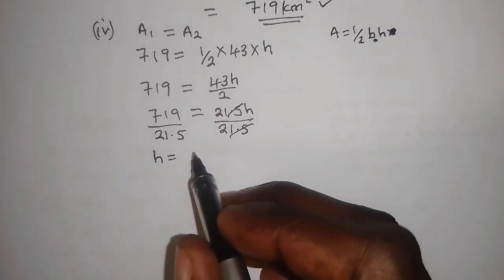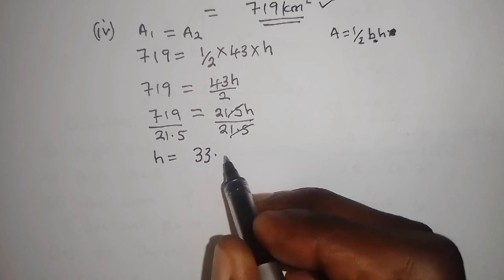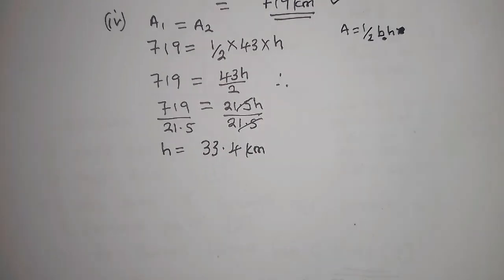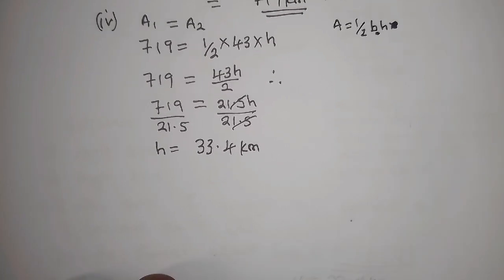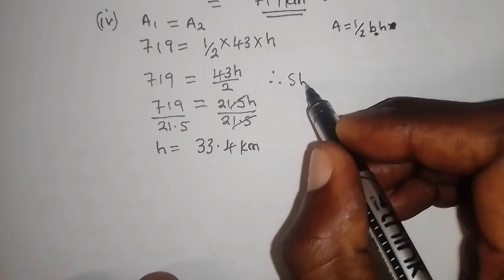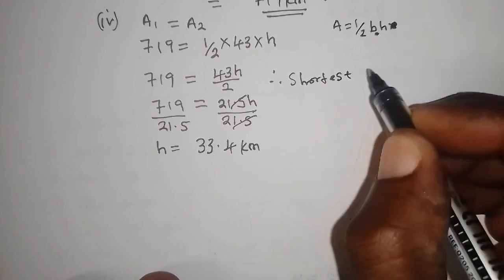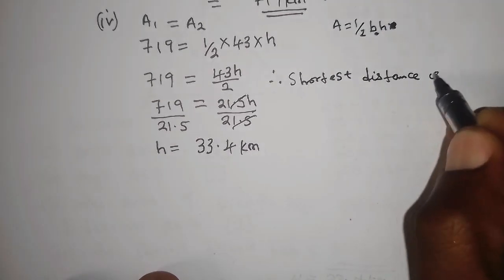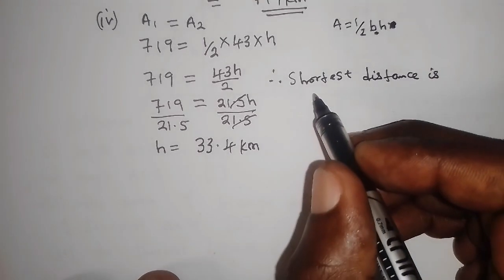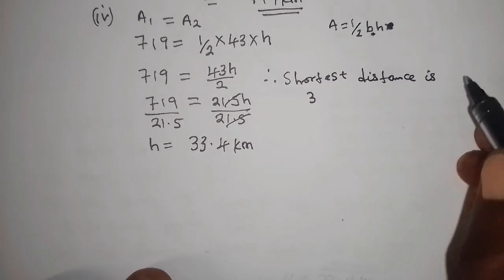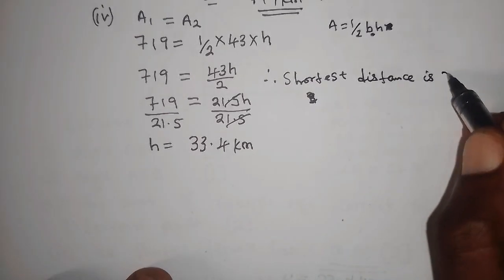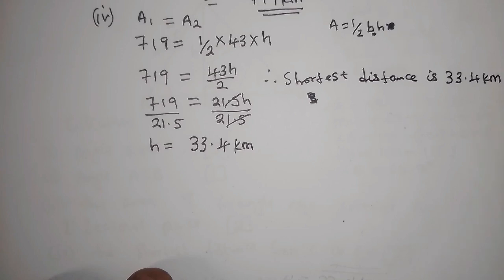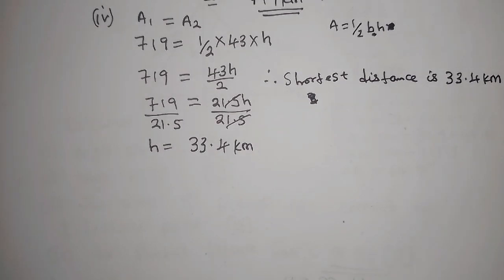So you're going to get 33.4 kilometers. Therefore, the shortest distance is that. Okay, so that's how you can go about that.